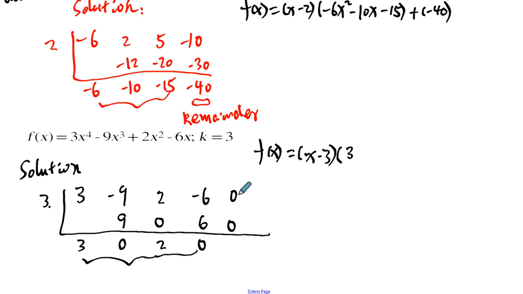We cannot forget this one. And then 0 plus 0 is 0. Still the remainder is 0.